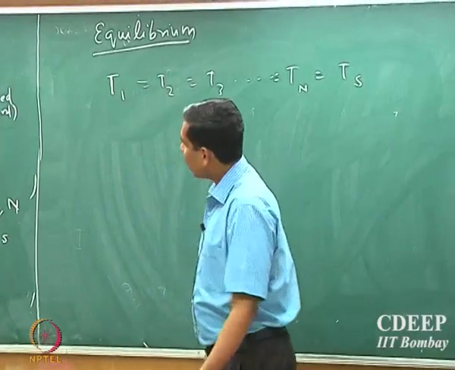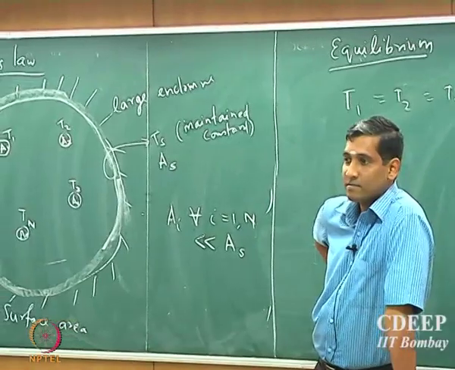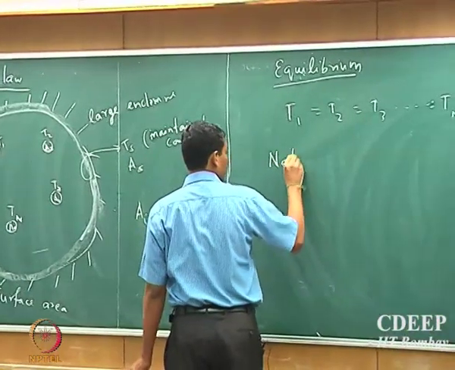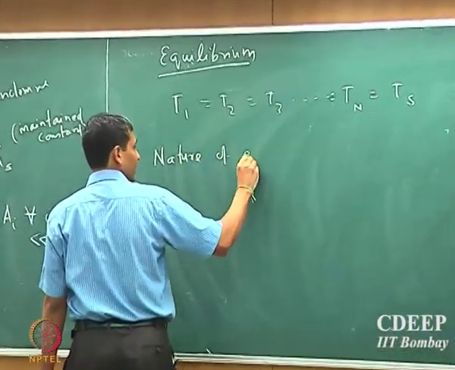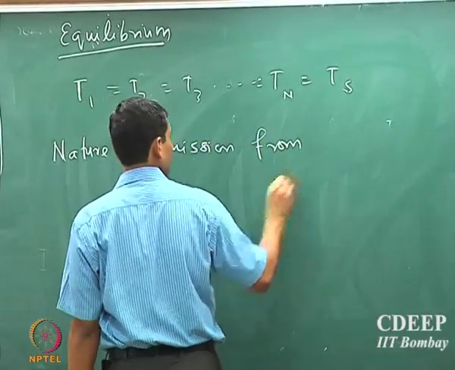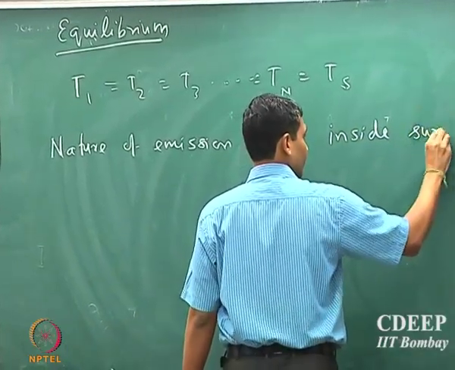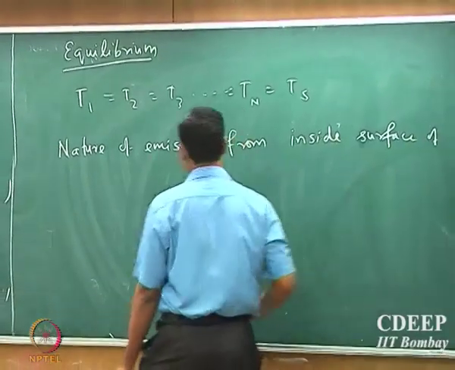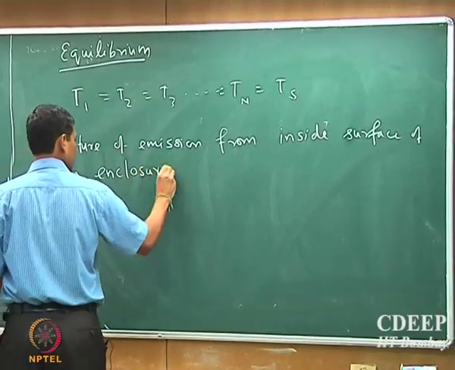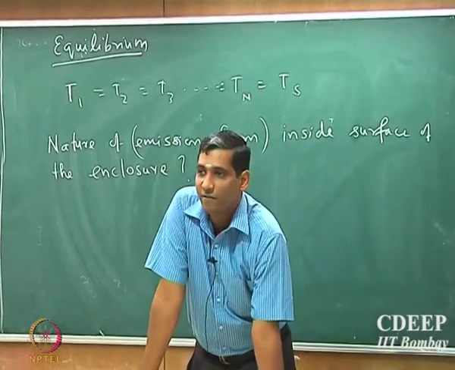Now, what will be the nature of the inside surface of the large enclosure? Or let's say the nature of emission from the inside surface.